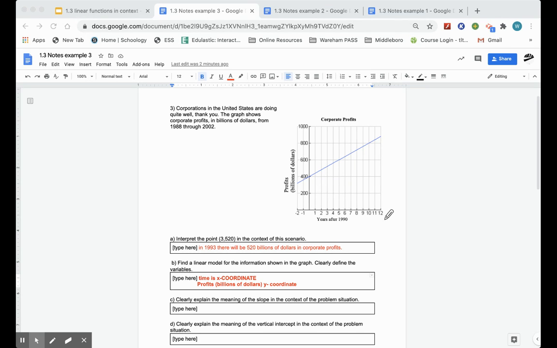So we have our slope and we have our y-intercept, and we can now substitute those in. The equation would be y equals 50x plus 400. All right, and I'm going to write that right now.